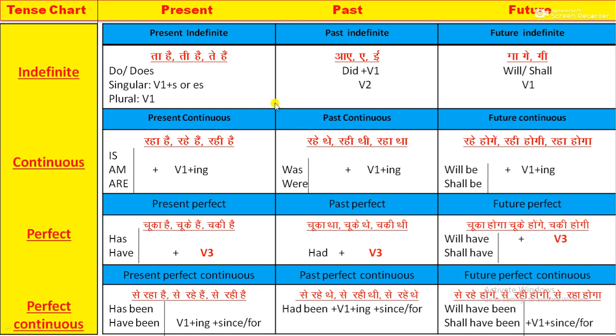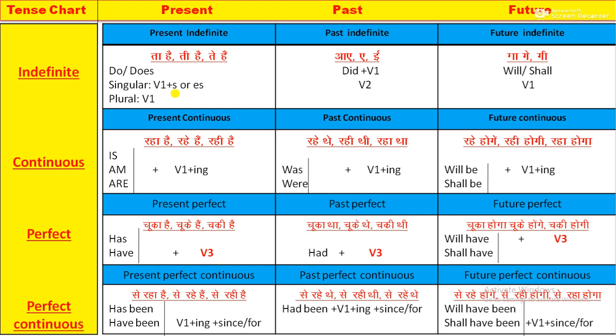After that you will learn the form of the verb of the first, second and third box, which are present indefinite, past indefinite and future indefinite. Now how can you learn it? In present indefinite you will remember it: if the person is singular, third person singular, he, she, it, you will use, as I told you, singulars and plurals. I had already explained this when our video started.